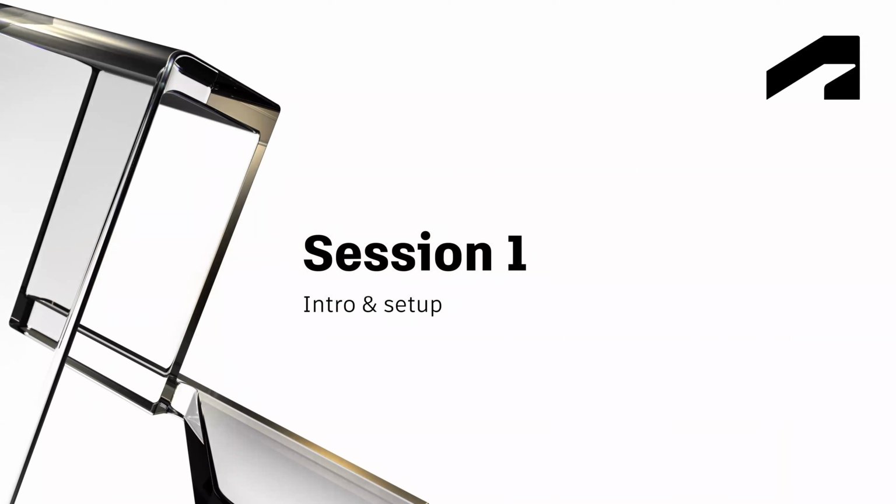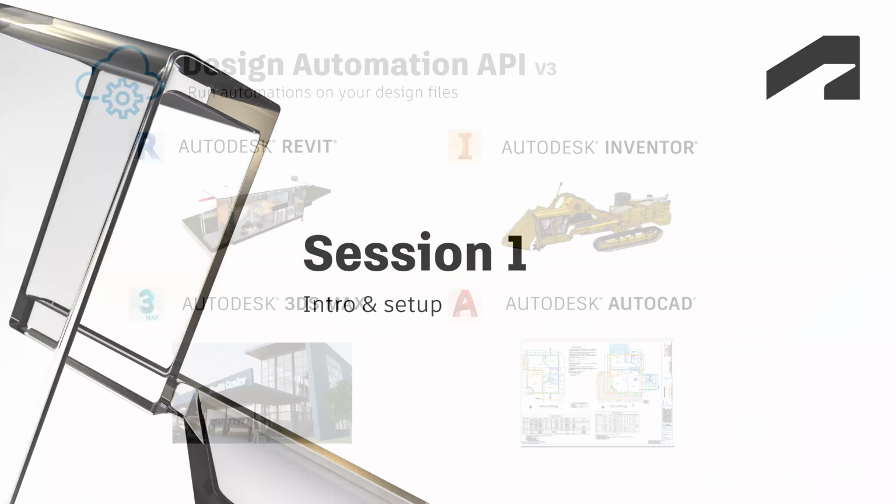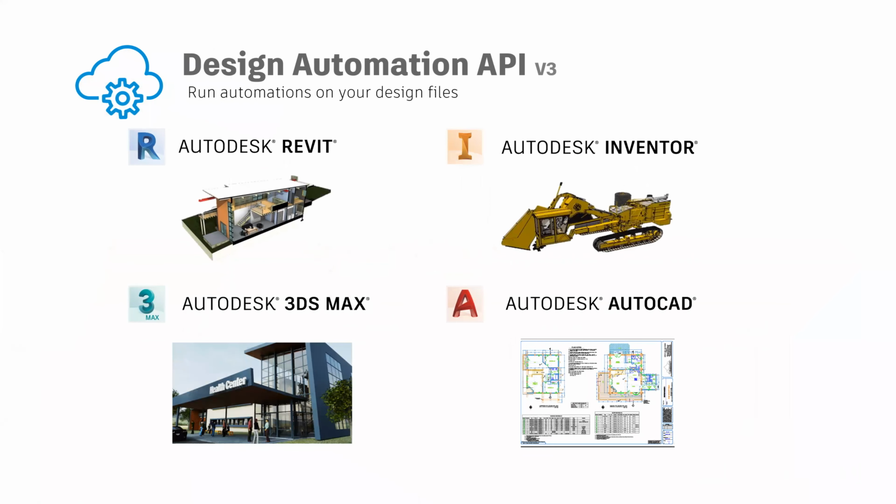So let's begin session 1, that's the intro. And let's understand design automation. Design automation provides the ability to use the core APIs of your favorite CAD engine in the cloud, leveraging the scale of the Forge platform to run automated jobs. If you are coming from a desktop developer background, you might already be aware of Autodesk's core products.